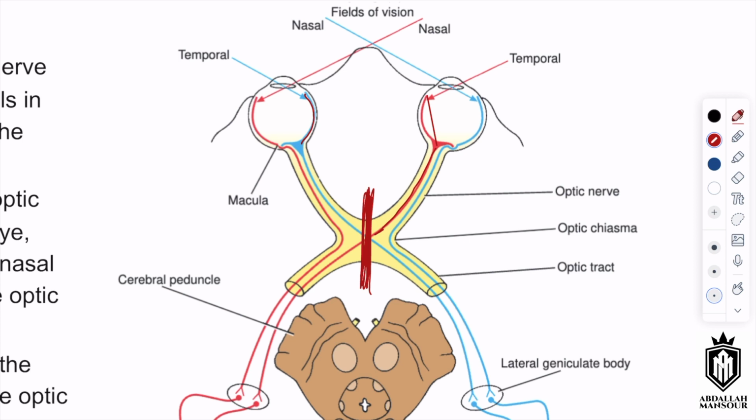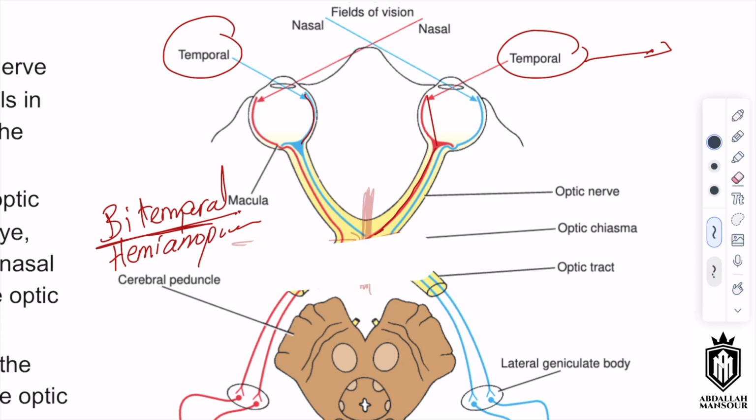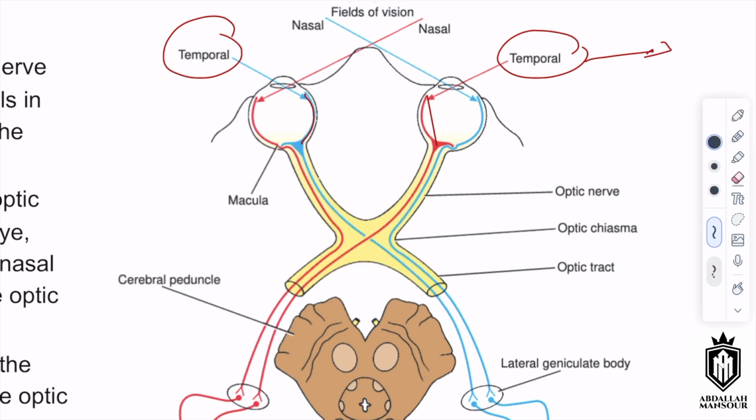So the patient is unable to see on the temporal side of his visual field. The patient will have something called bitemporal hemianopia. Basically, the patient is blind on the temporal side. Okay, so let's move beyond this as well. You started cutting the optic tract here. See what happens.